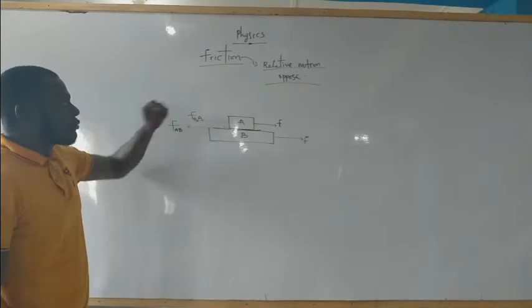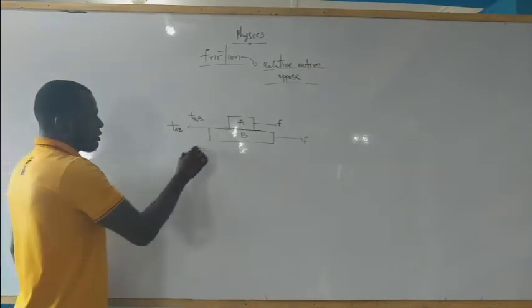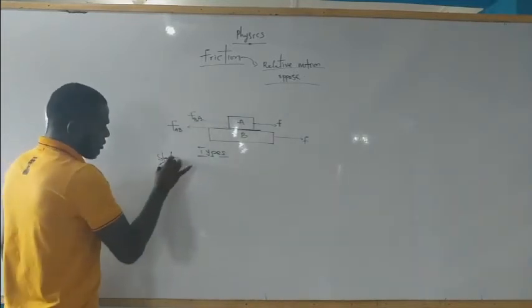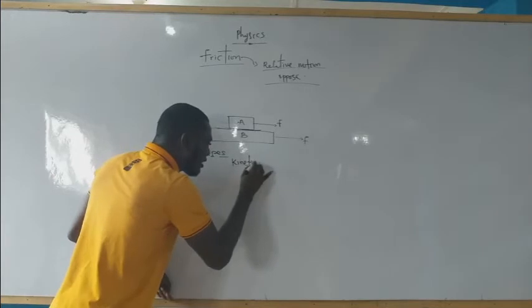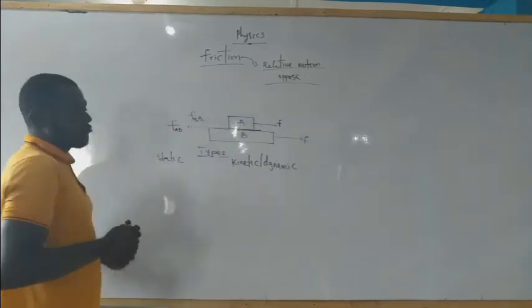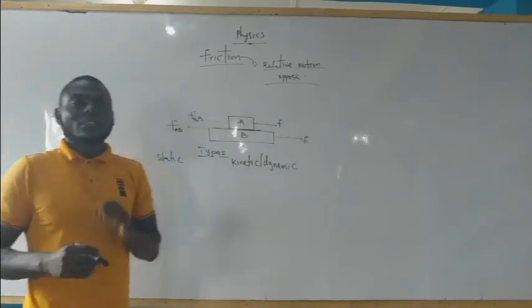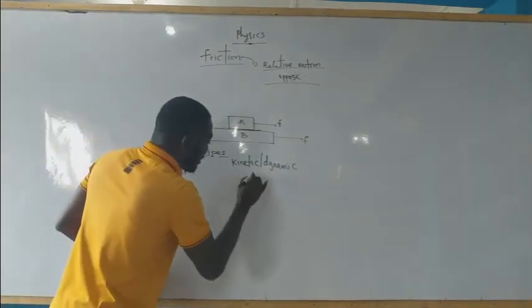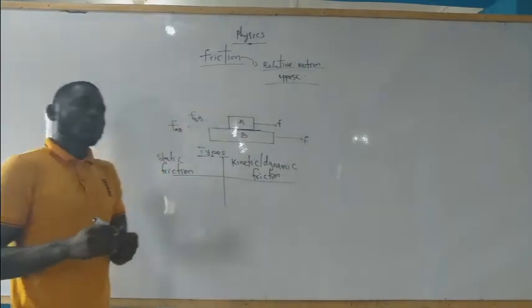Under this, we have types of friction. We have static friction and kinetic or dynamic friction.